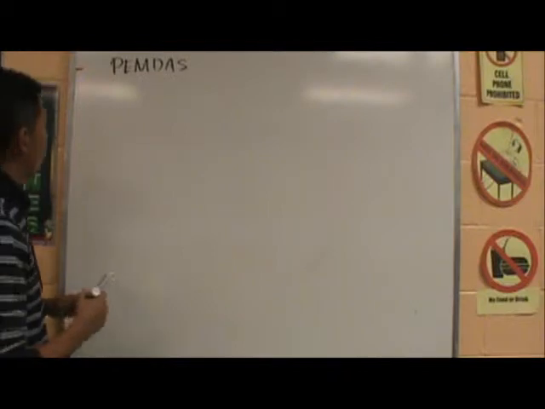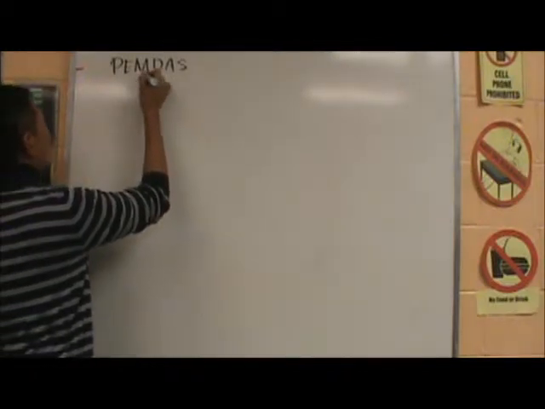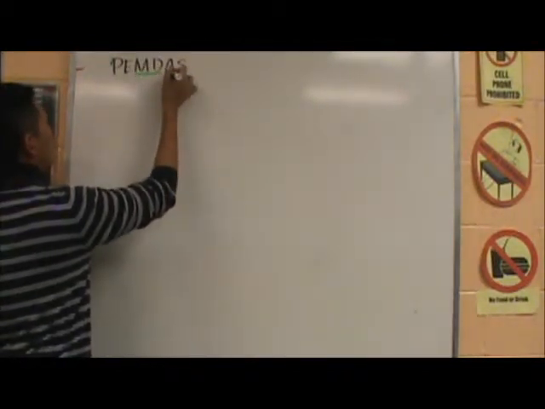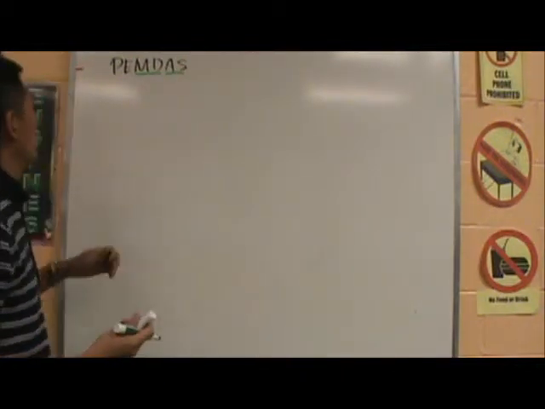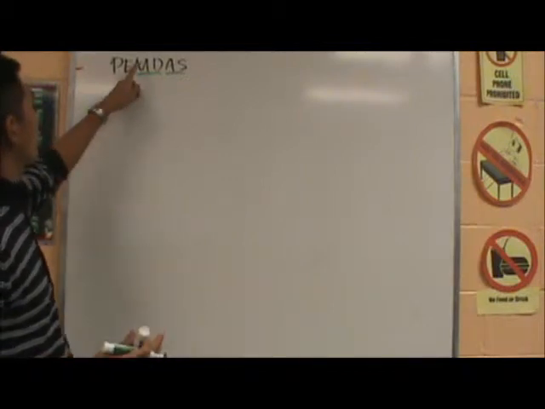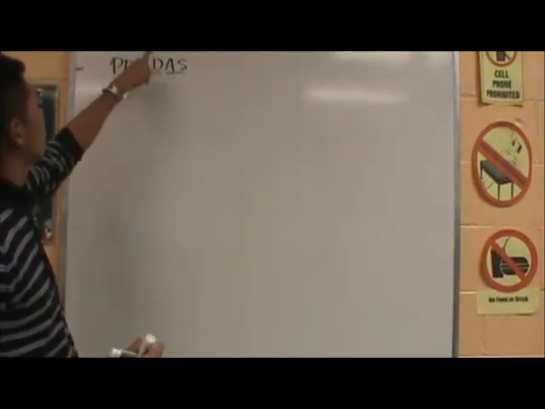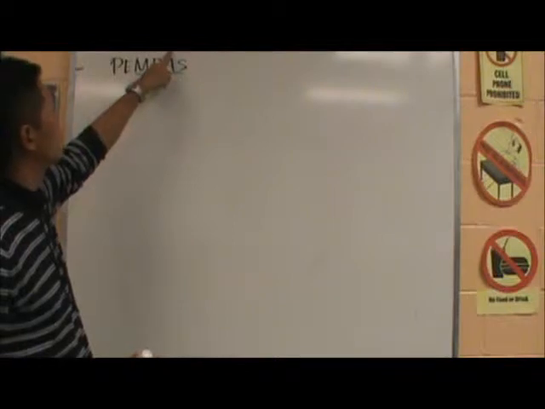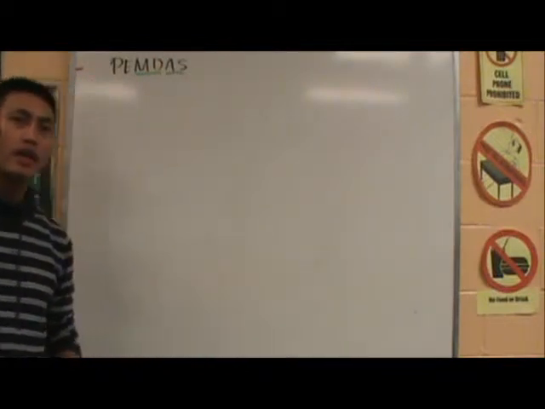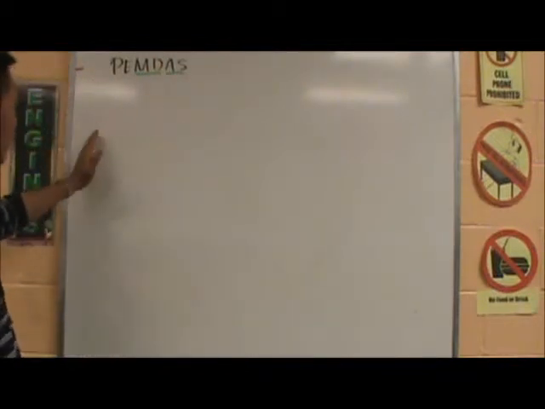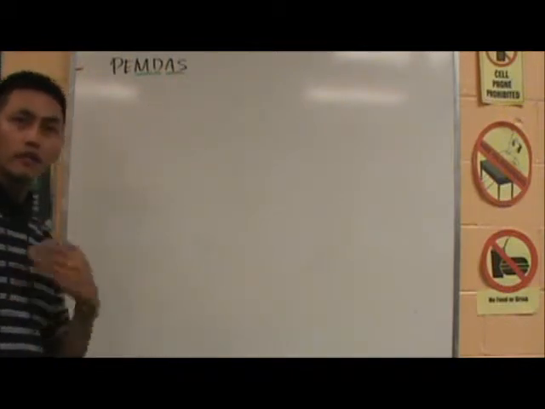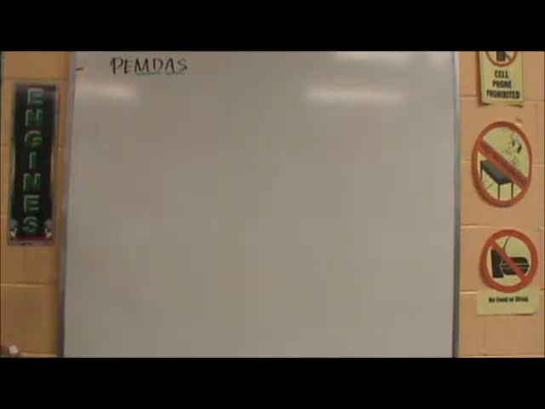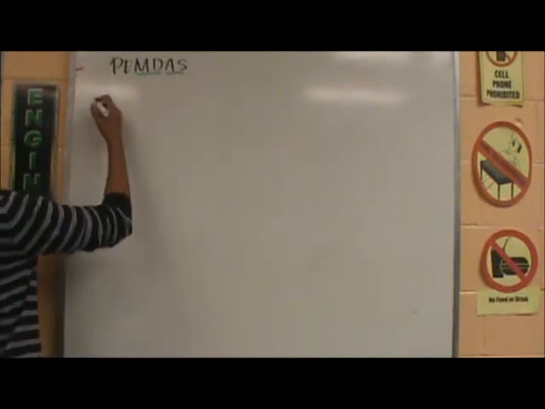So what's happening here, guys, is a lot of you are under the impression that you have to multiply first before you divide, or you have to add first before you divide. No, it's not true. If multiplication comes first from the left, then you multiply first. If division comes first, then you have to divide first before you multiply. So, for example, number 1.